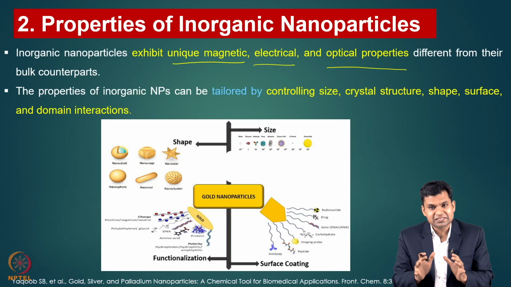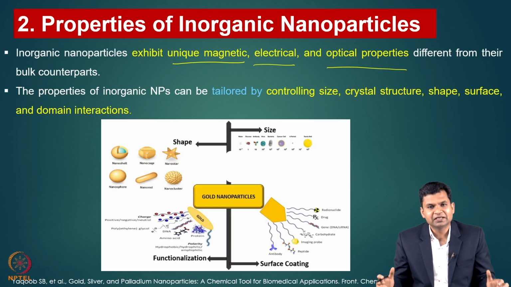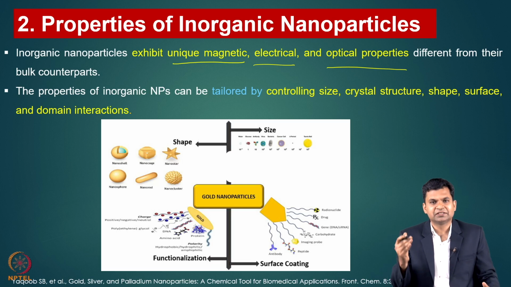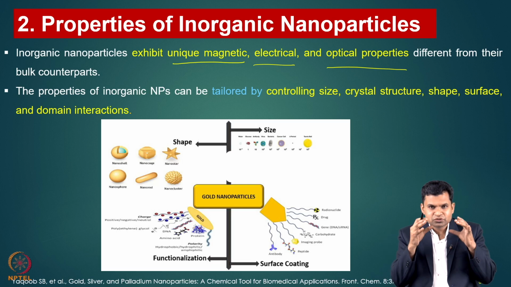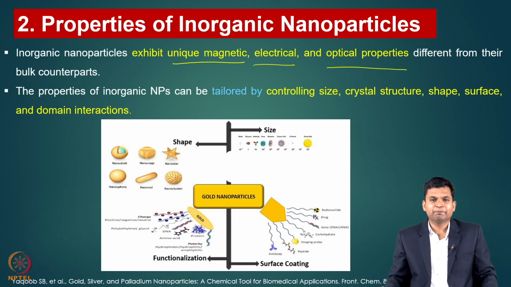So, with this, a lot of research is going on and people are using them in various drug delivery as well as biomedical imaging applications. Because when you want to target a particular site and see it as an image, your carrier should work as a contrasting agent.